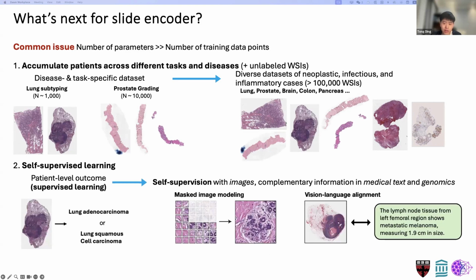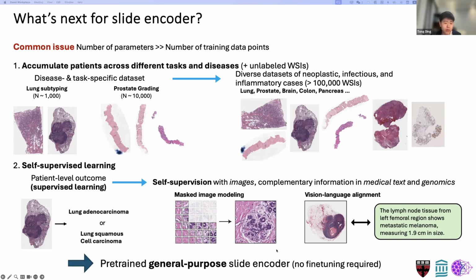Secondly, we want to shift from task-specific supervised learning to self-supervision with images and further with medical text and/or genomics. Therefore, our ultimate goal is to have a pre-trained general-purpose slide encoder that produces off-the-shelf slide-level features that can be used for various downstream tasks without any task-specific fine-tuning.